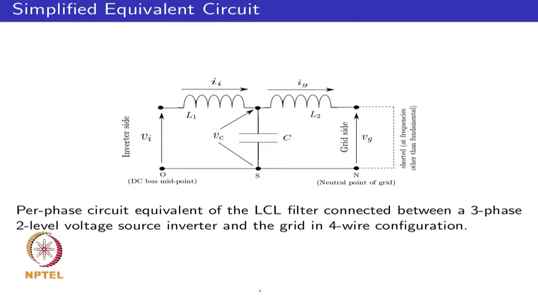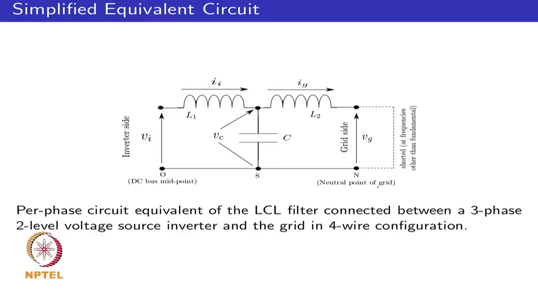So, if you look at the LCL filter now for the 3-phase 4-wire power converter, we can then look at it on a per phase equivalent circuit basis. So, on one side is essentially the inverter voltage Vi between the output of your phase leg and the midpoint of the DC bus, followed by the LCL filter.